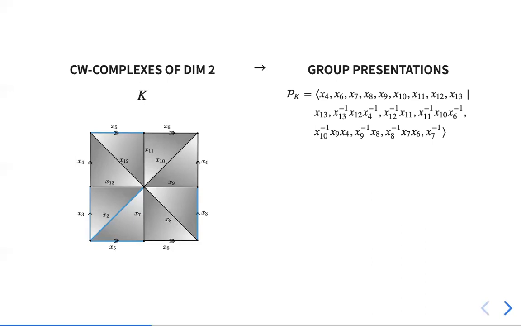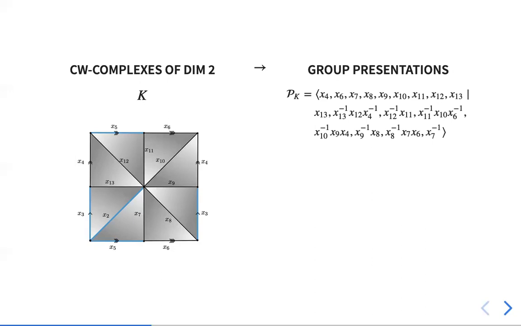If T is the tree, you're looking at the presentation of the fundamental group of K over T. So if you collapse the tree to a point, then you have this complex with a single vertex. So it's very easy to compute the fundamental group.